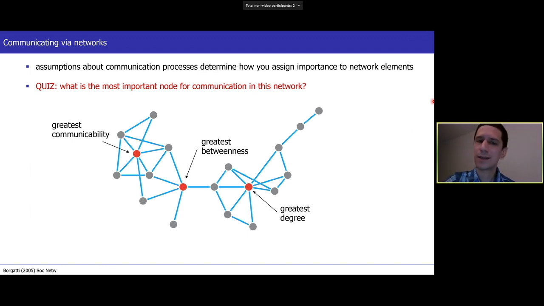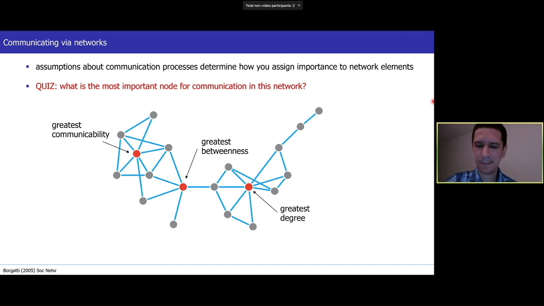And finally, if you think that communication takes place using all possible walks and is simultaneously broadcast through the network, you might want to look at the node that has the greatest communicability with the rest of the network. So even something as simple as picking the hub of this network becomes a very complex problem when you have to start thinking about the communication mechanism that takes place.